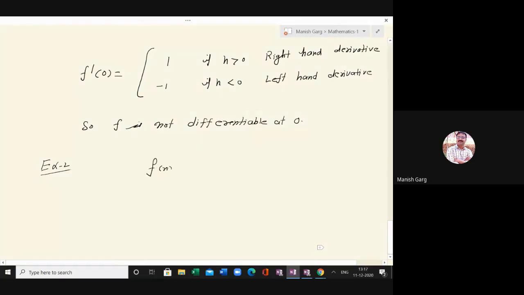Suppose you have a function like that: f(x) is x sine 1 upon x if x is not equal to 0, and 0 if x is equal to 0. Again, I have done this question, it is continuous at 0.